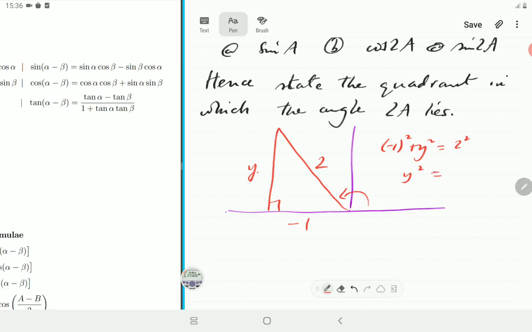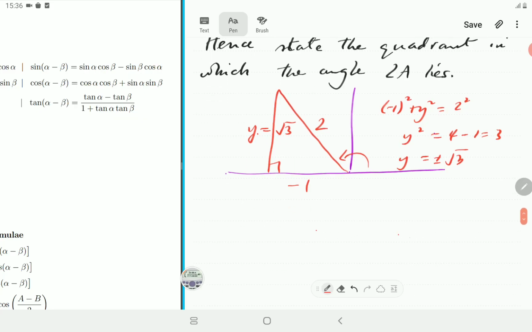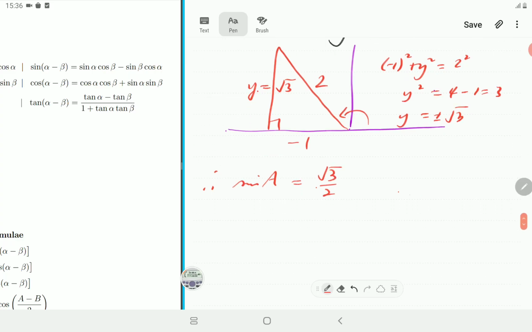So y squared is 4 minus 1. So y is plus or minus square root 3, but we can see in the second quadrant y is positive, so that's going to be square root 3. So from that, sine A is going to be square root 3 over 2.